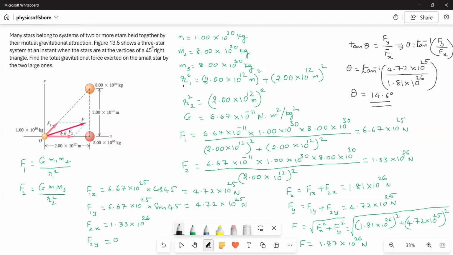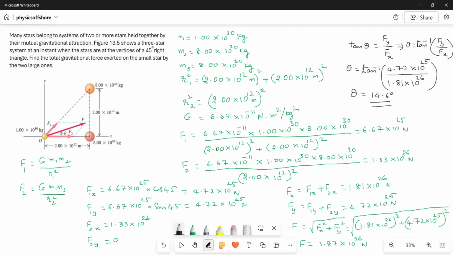R2 square is equal to (2 into 10 to the power of 12) square. And G is equal to 6.67 into 10 to the power of negative 11 newton meter square per kilogram square.